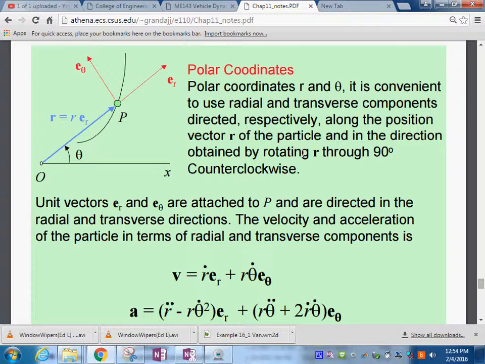Remember I told you that for each vector it's convenient to use radial and transverse components directed respectively along the position vector r of the particle and the direction obtained by rotating it through 90 degrees.